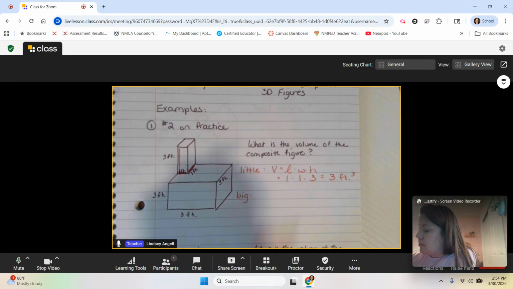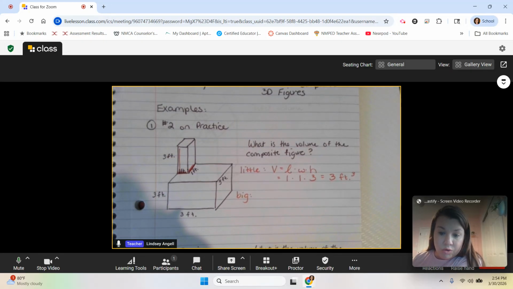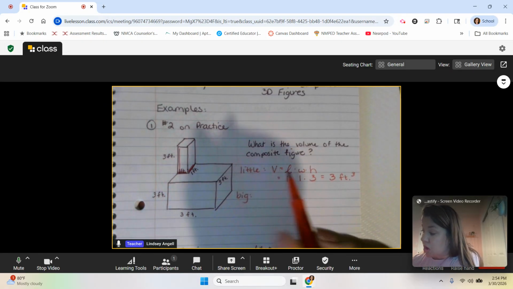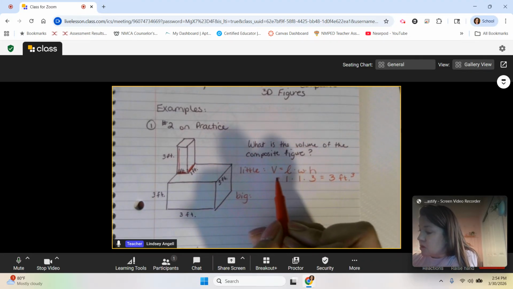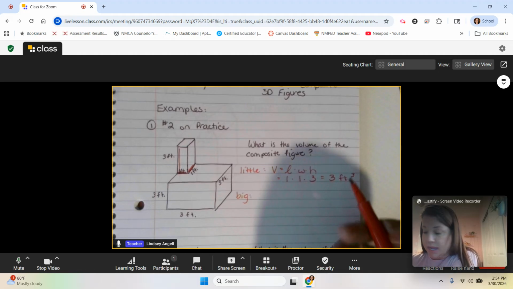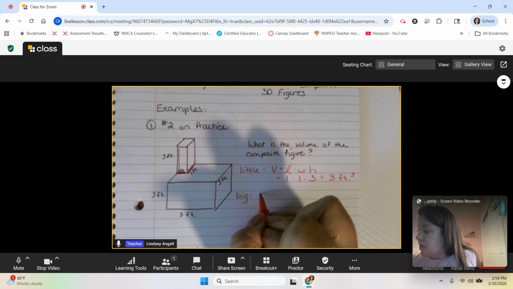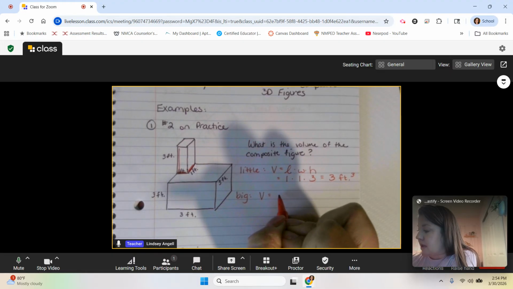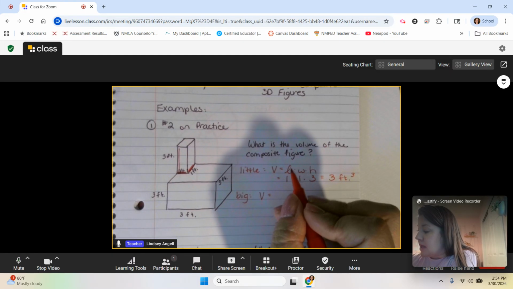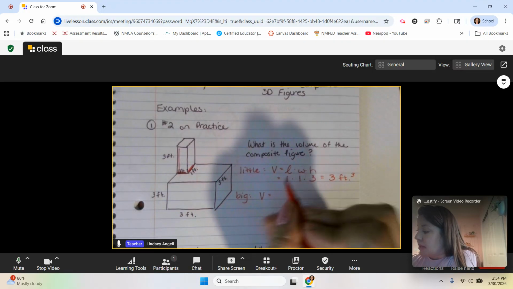For the big one, which, like I said, it should be a cube, I just didn't do a good job drawing it. We could do length times width times height, or the cube is also found by, well, yeah, let's just focus on that.